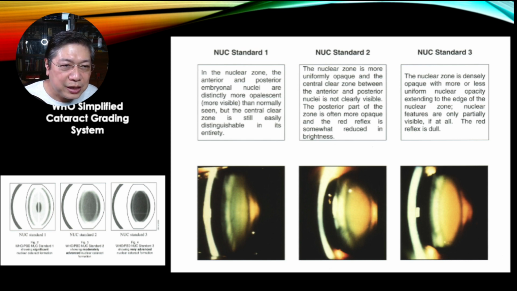But just looking at the eye, again, comparing it with the picture that you see, you either write down NUC1, NUC2, or NUC3, meaning nuclear cataract 1, nuclear cataract 2, or nuclear cataract 3, depending on how thick the lenses are. If there are no cataracts in the nucleus, then you write NUC0.